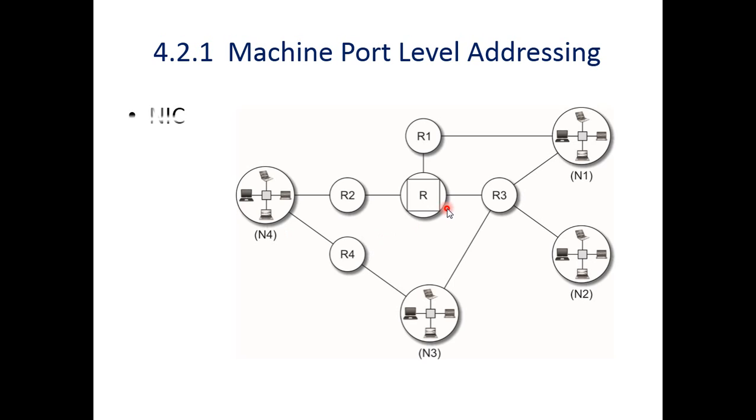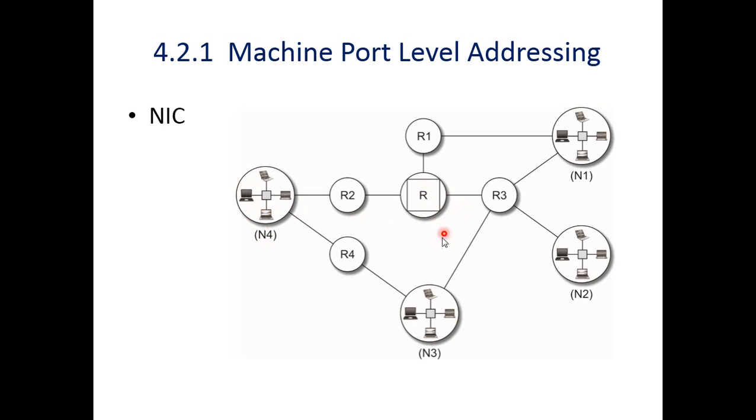Machine port level addressing. Suppose this is the router, and there are a number of routers present in the network, and there are four networks 1, 2, 3 and 4 having different numbers of computers. So in this example, this is the router having three NICs 1, 2 and 3. Some data appears at this router, and our receiver is present in network number 4.